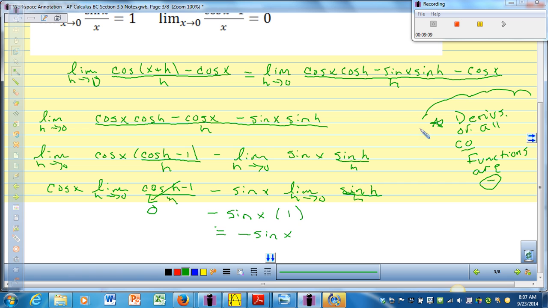Just something to remember. Derivatives of all the cosines, cotangents, cosecants, they're all negative. Okay? All right. Now let's move on and look at another one.